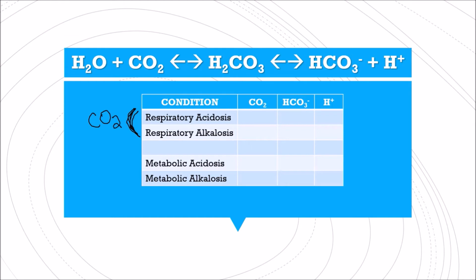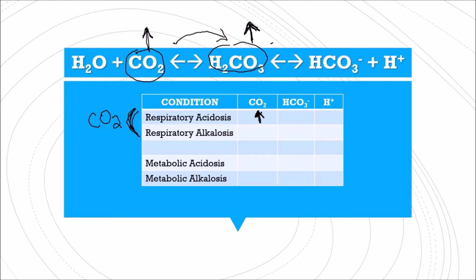So in respiratory acidosis, if your CO2 levels go up because you're not breathing it out enough, then you're going to end up making more carbonic acid because there's always water there. There's enough water there to make more carbonic acid with the increased CO2 levels.